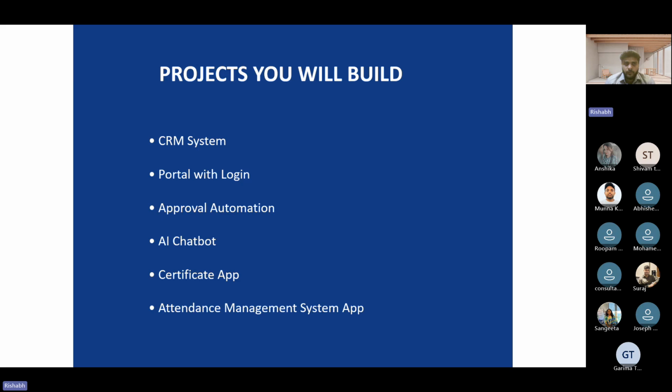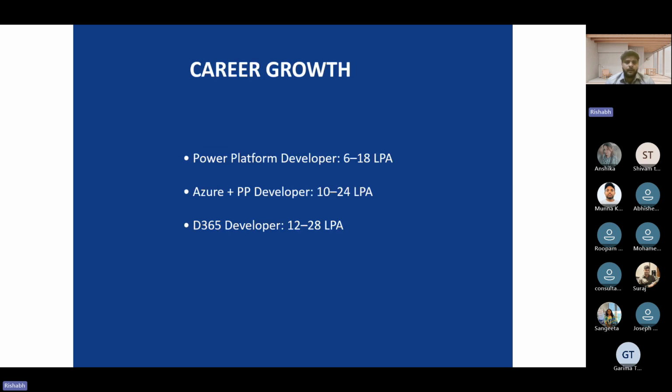These are some types of projects which companies use, and they are in high demand in the market currently. If we talk about career growth after Power Platform, the demand in the market leads to high-paying roles. A Power Platform developer, PL-400 certified, has an average salary between 6 to 18 LPA.